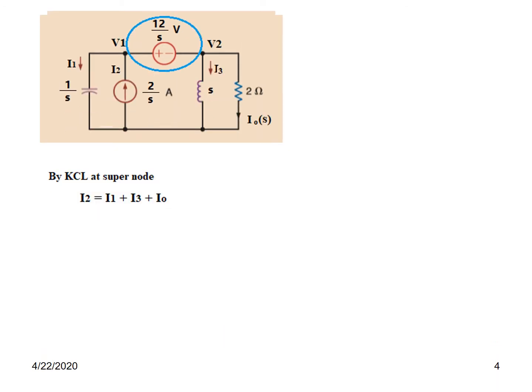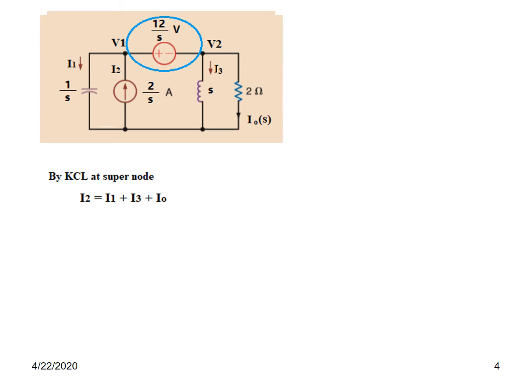Okay, so this is the circuit, and we have now added a couple of things like the currents in these branches. Only this current was given, but I have named it now I2. This current I have named I1, this current I3, and this was given I0. Also, we have written the two node voltages V1 and V2.